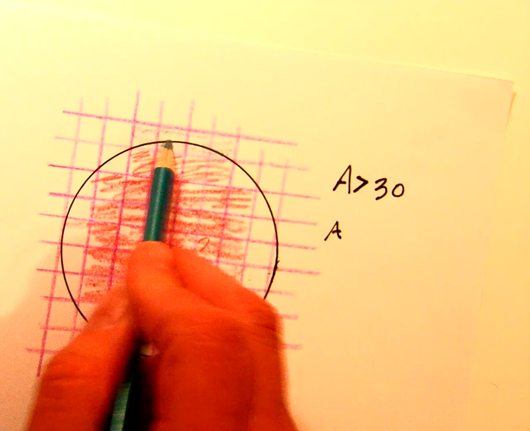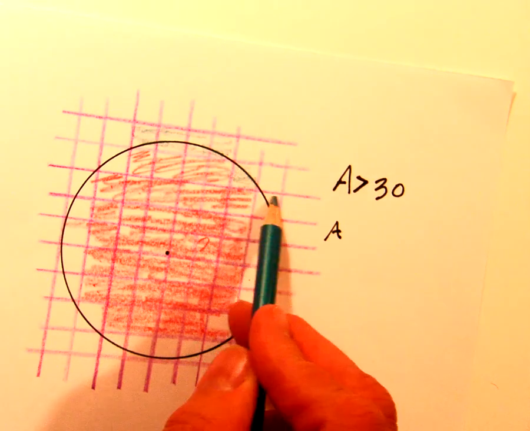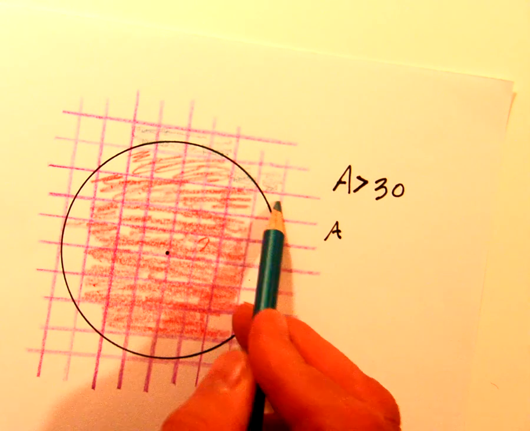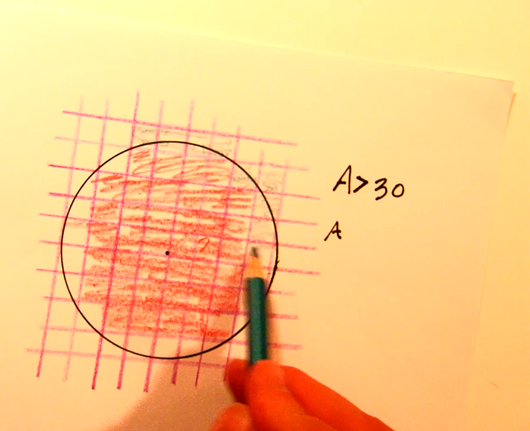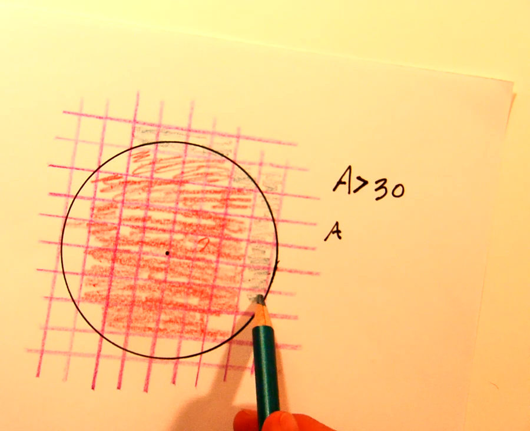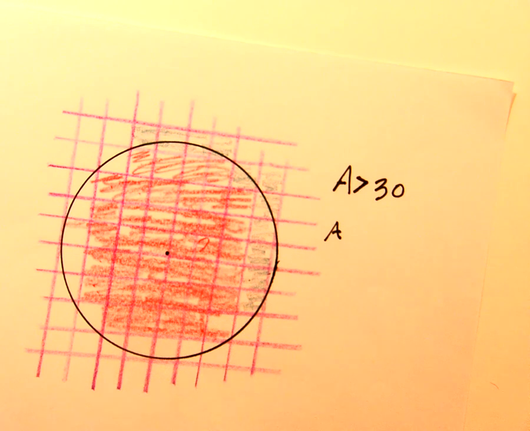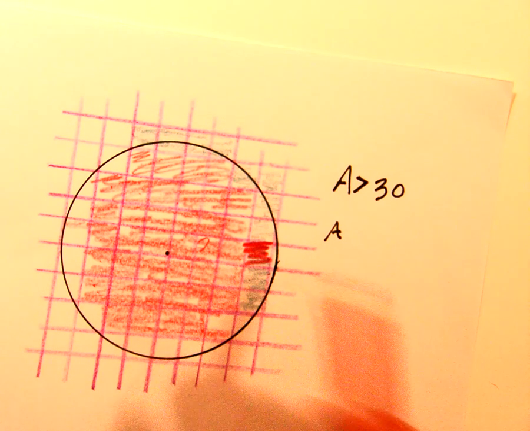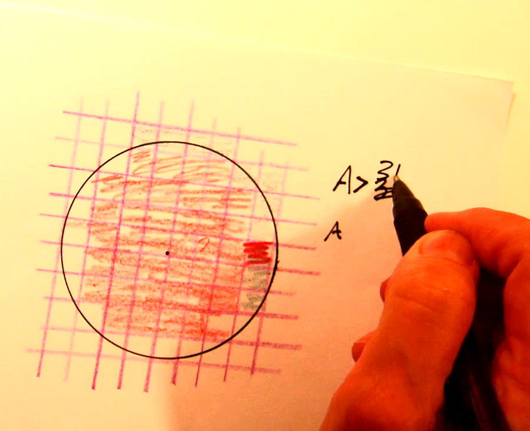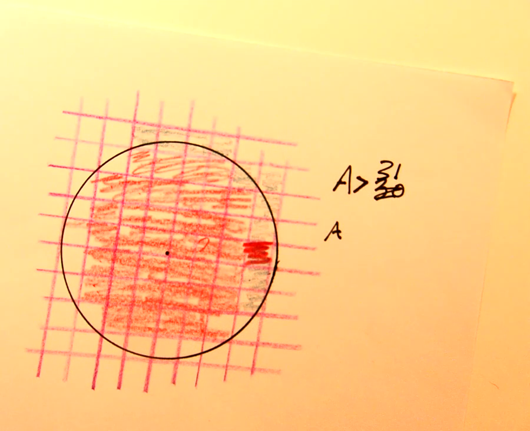Yeah, right there. Yeah, that one's got a little piece right there. Ooh, that one should have been all the way in. Sorry about that. It isn't exactly centered, and I was kind of assuming it was.